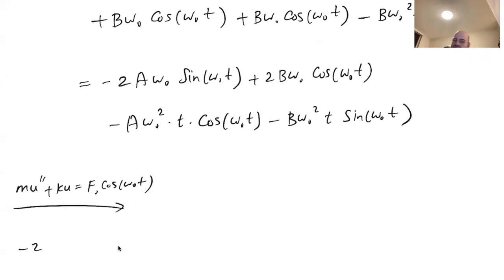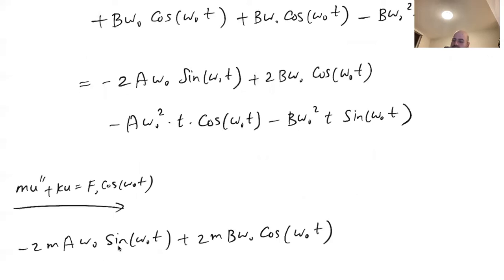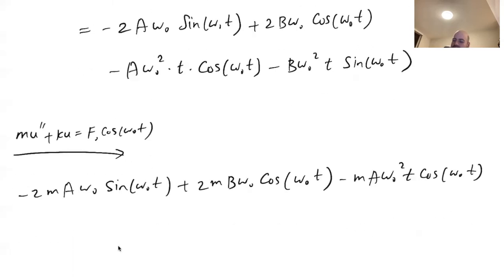Then I'll have minus 2ma omega naught sine omega naught t plus 2mb omega naught cos omega naught t minus ma omega naught squared t cos omega naught t minus mb omega naught squared t sine omega naught t.